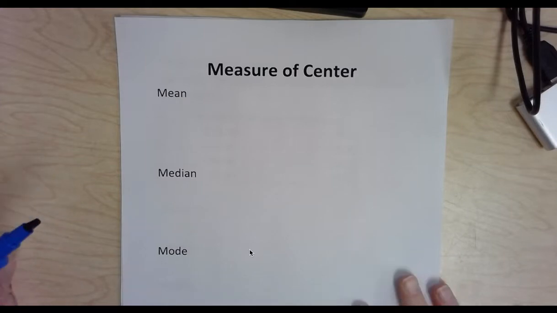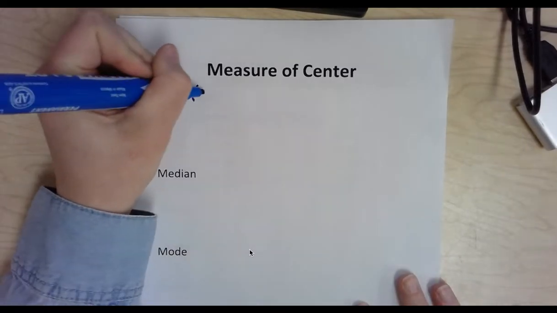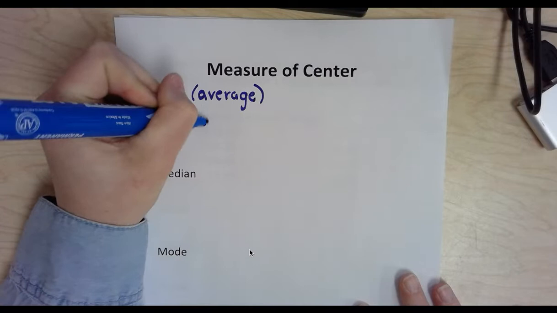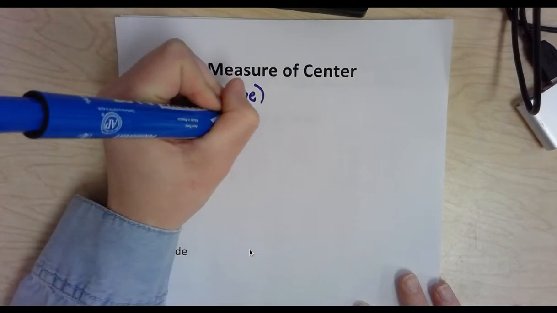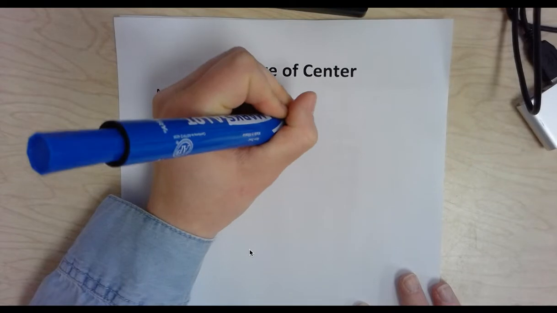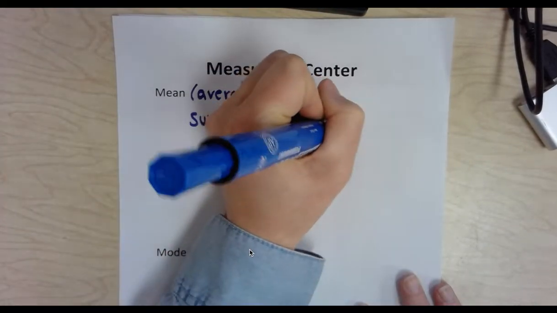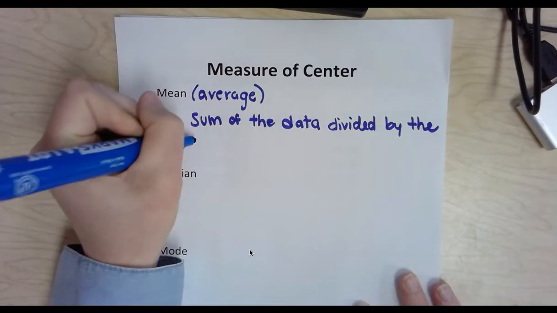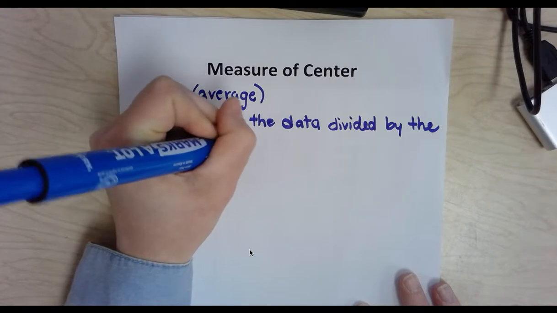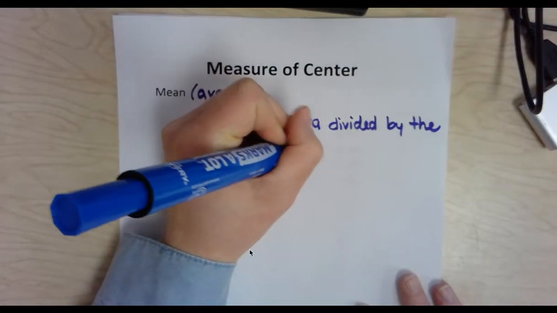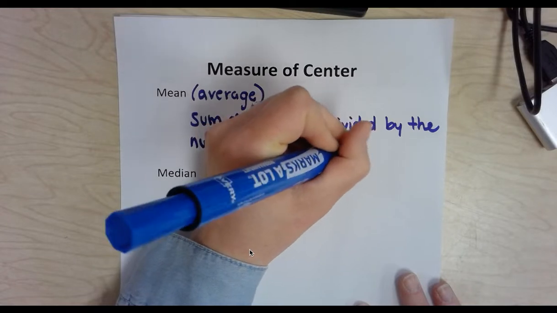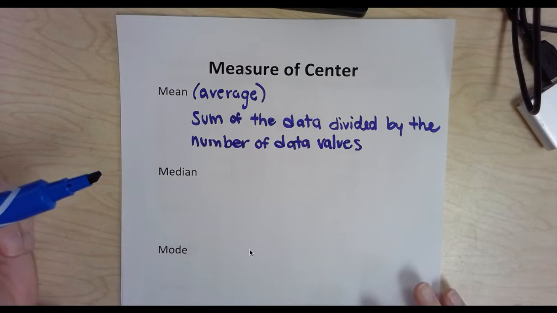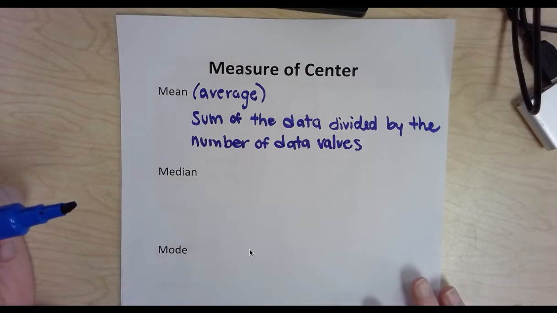The mean, most commonly called the average, is the sum of the data divided by the number of data values. So to find the average or the mean, you add up all of the data and then divide that by the number of numbers.